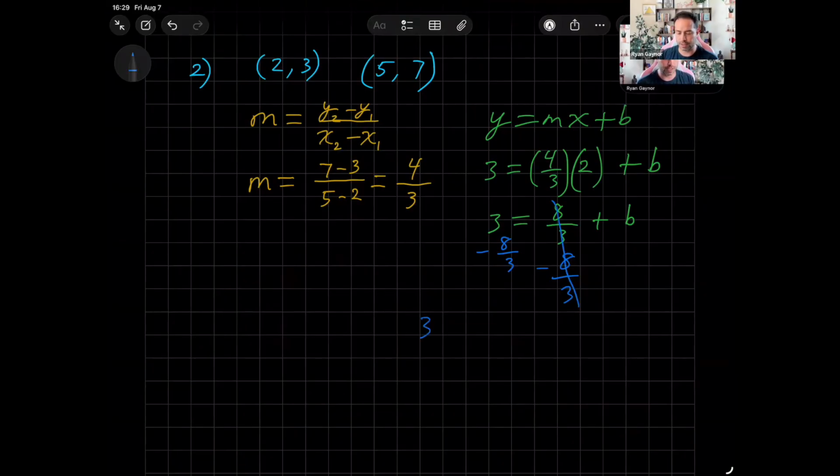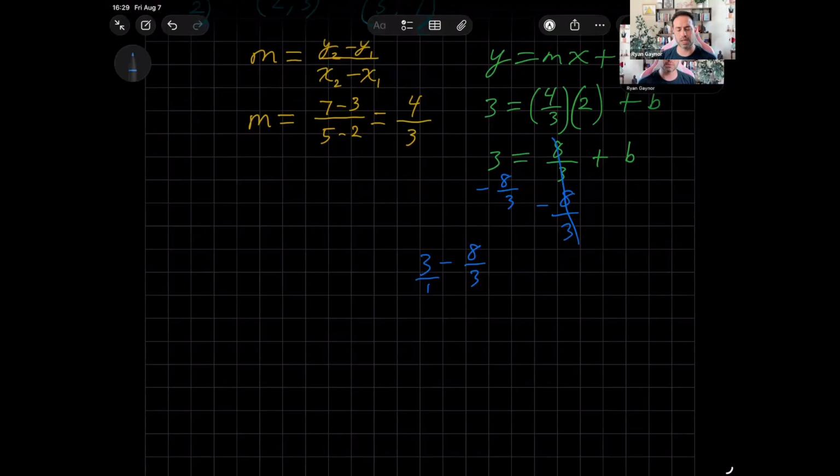So we have 3 minus 8 over 3. That's what we're working with. Now with fractions, we cannot subtract them unless they have the same denominator, right? So the same bottom number. So right now my bottom number is just a 1, and I need it to be a 3, right? Because 1 and 3, the lowest common denominator would be 3.